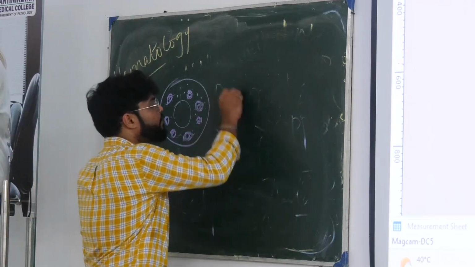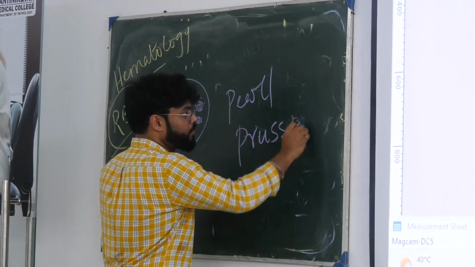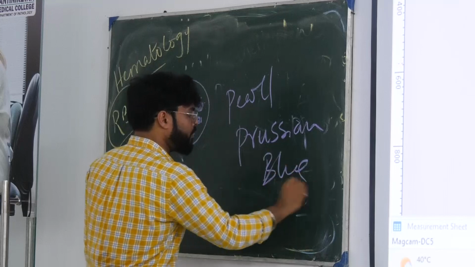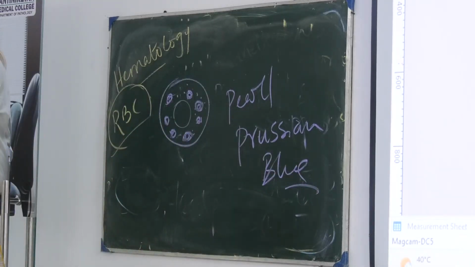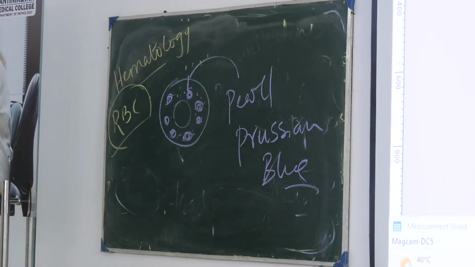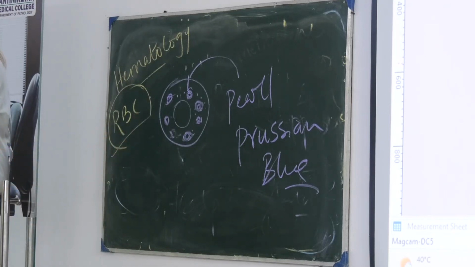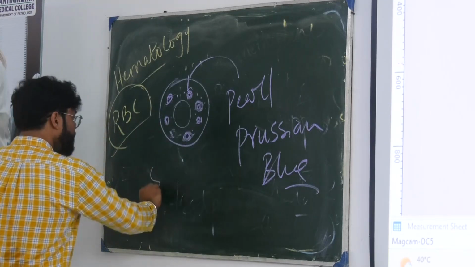This is known as Prussian blue. Okay, so they stain this kind of large coarse remnants of abnormal heme incorporated within the cytoplasm, and when they are present in more than one third of the ring, that is one third of the RBC, this is known as sideroblast.